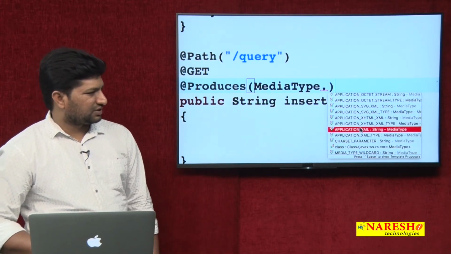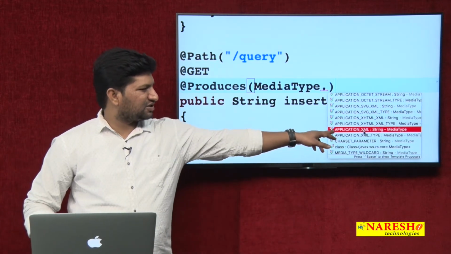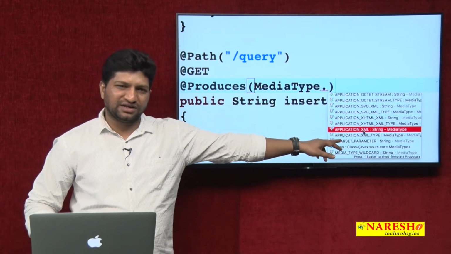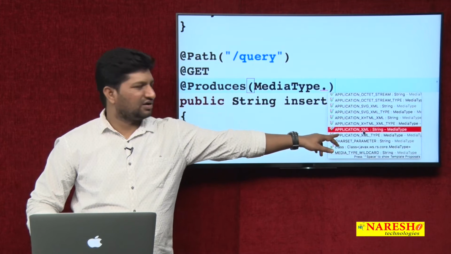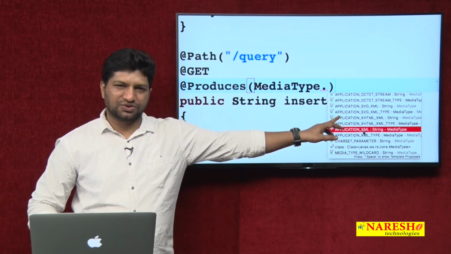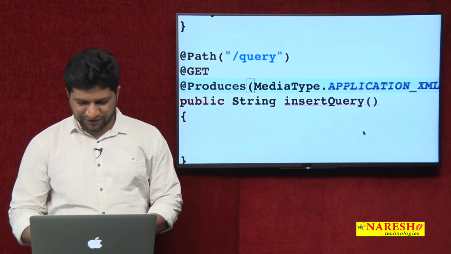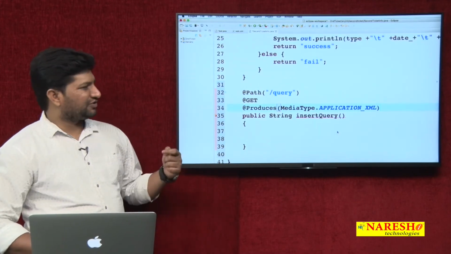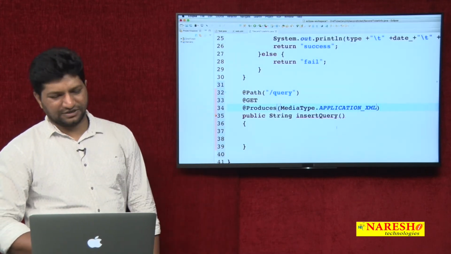There is a type you can find here called application underscore XML. If you are returning an XML response, choose the type application underscore XML. Fine. So when you are returning the data, we have to return it in XML format.